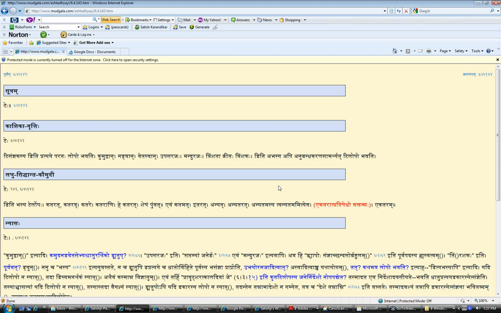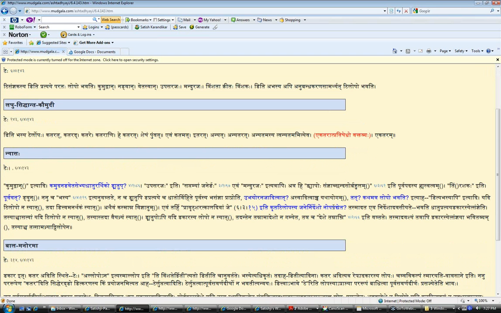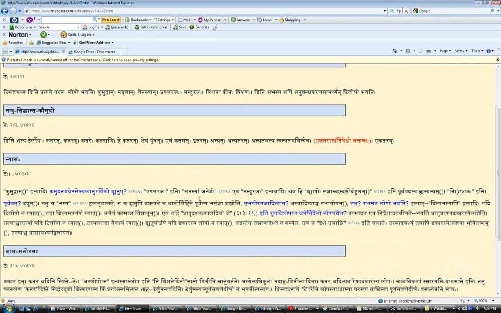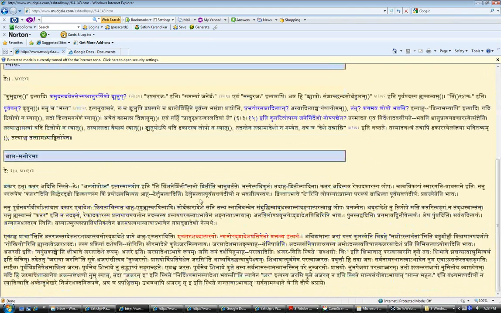Here we have the sutra, and if you look at the vyakhyanam, either the Kashika or the Siddhanta Kaumudi, the Kashika says: Diti abhasyapi anubandha karana samarthyat ti lopo bhavati.